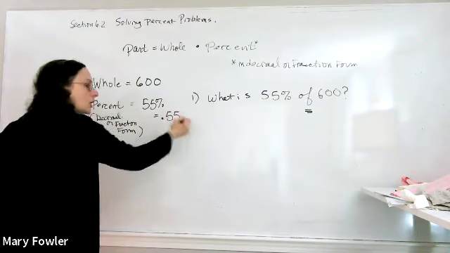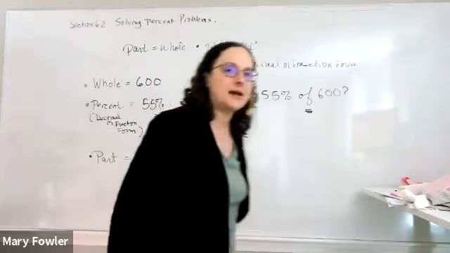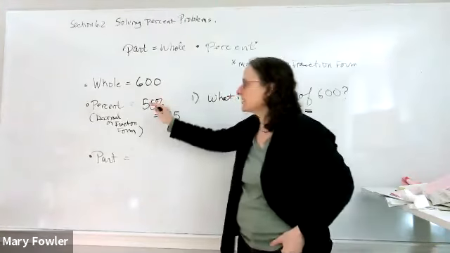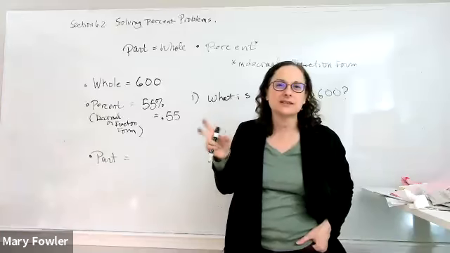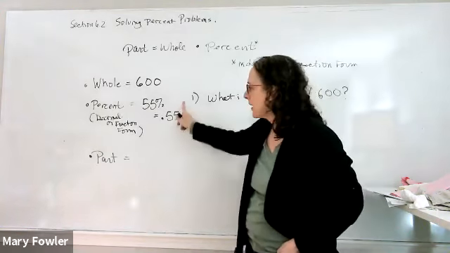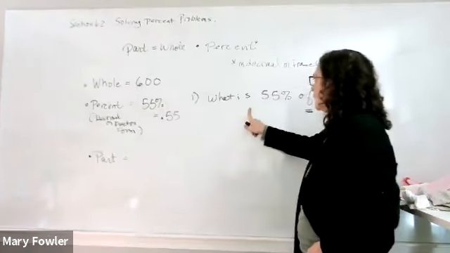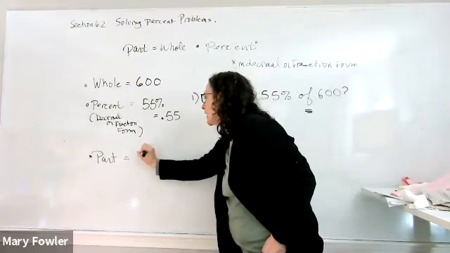Most of the time, we're just going to transition that to a decimal, 0.55, moving the decimal place. Sometimes if the problem statement has a fraction piece, you might have to go through the fraction there. Well, we'll do some examples. And so then the part is actually the thing that we're looking for. So the part is unknown.